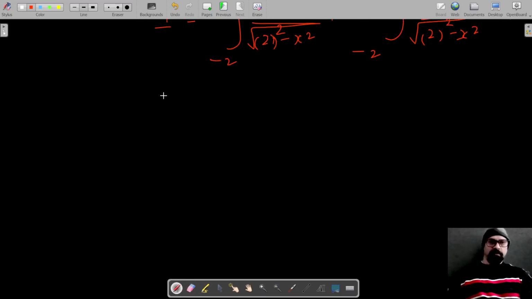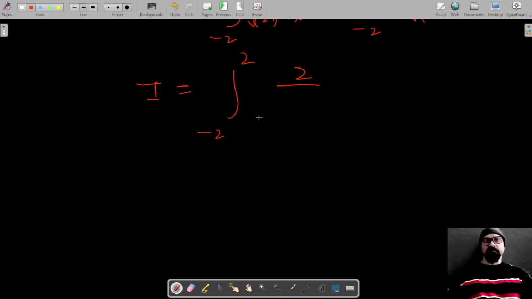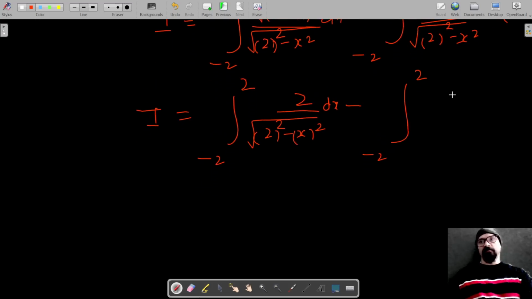Okay, now let me separate these terms. So -2 to 2, this is 2 upon under root of 2 square minus x square, minus x upon under root of 2 square minus x square, into dx.